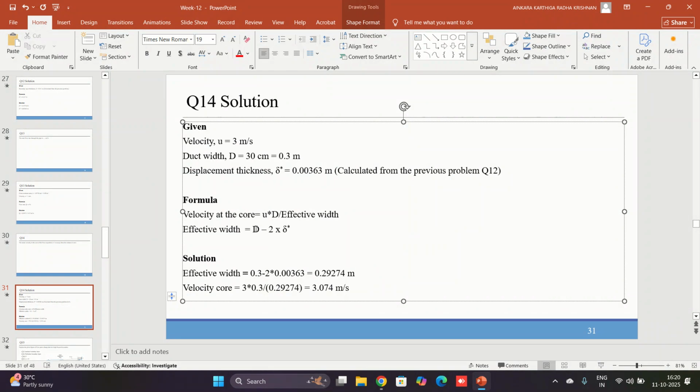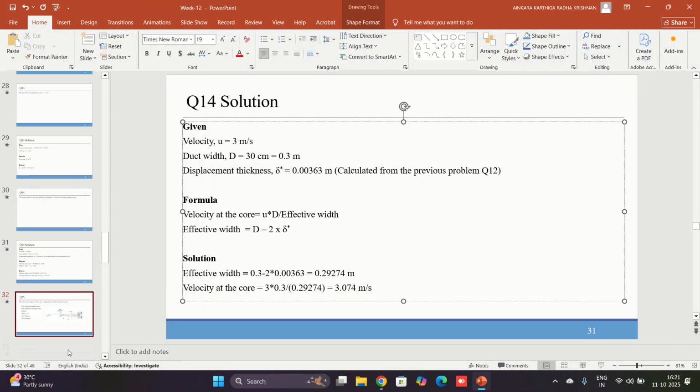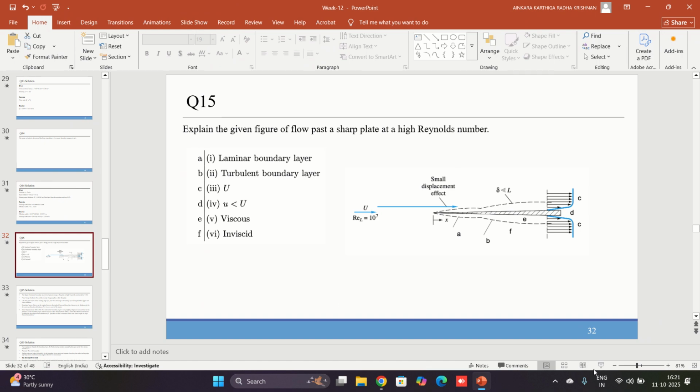So effective width is given as d minus 2 times of delta star, and therefore we are calculating the effective width first, and later we are calculating the velocity at the core. So velocity at the core is coming as 3.074 meter per second. So this is how we did the calculation, and now we go to next problem.